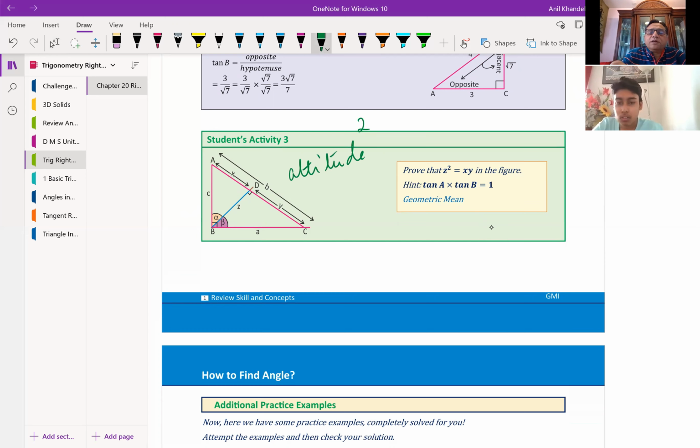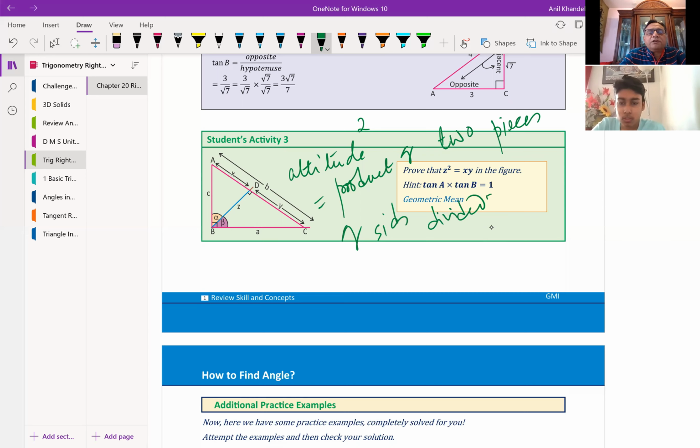Square of the altitude is equal to the product of the two pieces of the side that is divided.